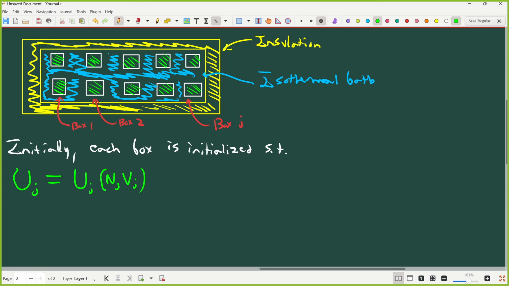So the energy is determined by the number of particles in the box and the volume. Remember, the temperature is fixed, so we don't have to worry about temperature here. So we have the number of particles, and each one has a volume.